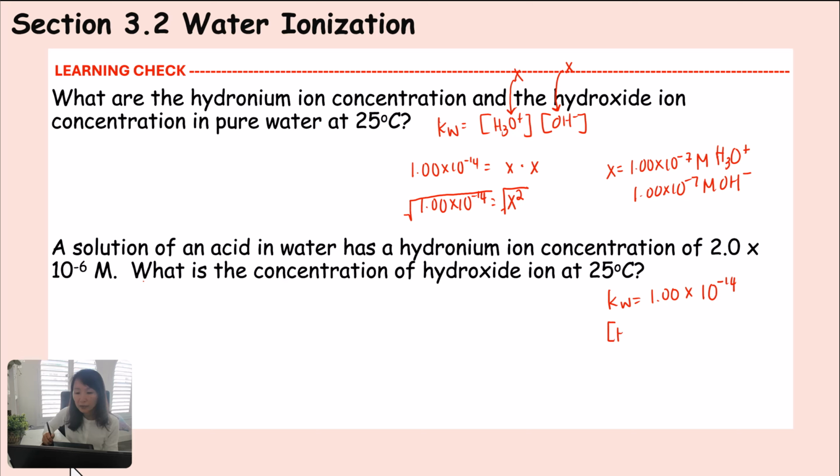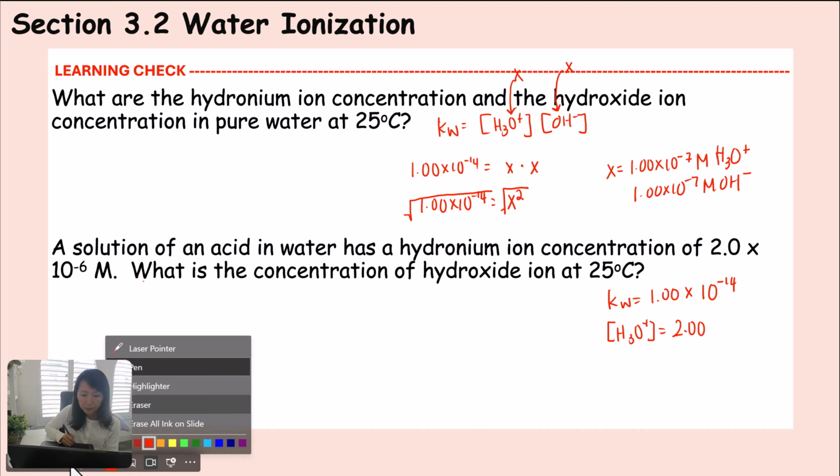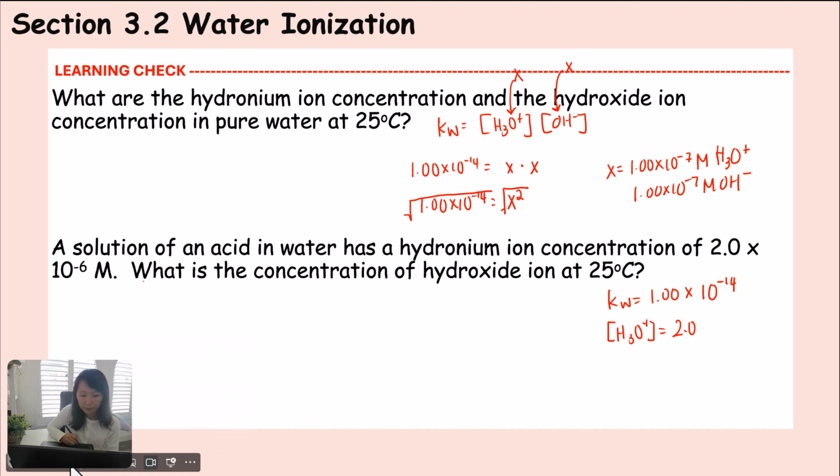We also know the hydronium ion concentration based on the given problem, which is 2.0 times 10 to the negative 6. And then we have hydroxide, which is what we're looking for.